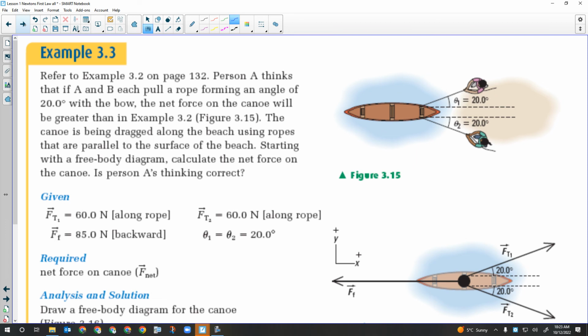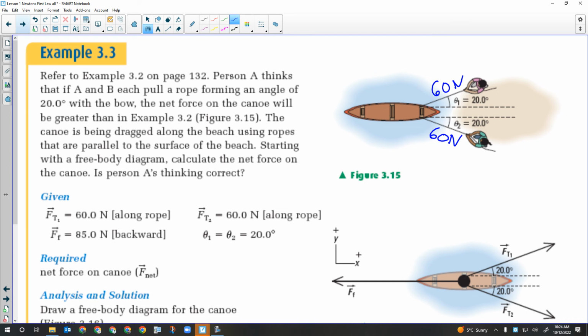Let's say they're both pulling equally, and it does say that they are equal. 60 newtons, 60 newtons. So this is 60, and this is 60. Which way is the boat going to go?